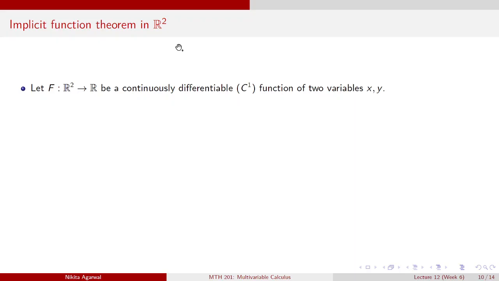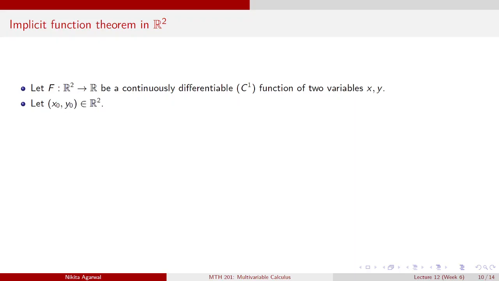We are not going to prove it, we are just going to state it. So let capital F from R2 to R be a continuously differentiable function. What is a continuously differentiable function? A function which is differentiable and the first order partial derivatives are continuous. We have seen this definition before.